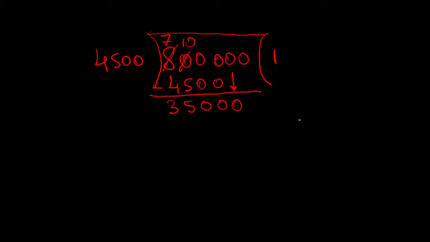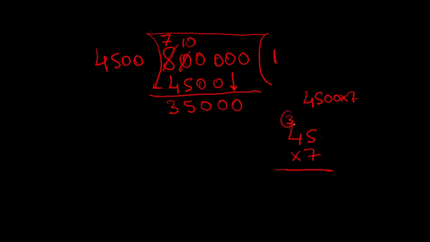So 4,500 into 7 will be. Now here we no need to multiply it with 7 because we can ignore the zeros and we can add it at last. So we should only multiply 45 into 7. So 45 into 7 is, now 7 5s are 35.